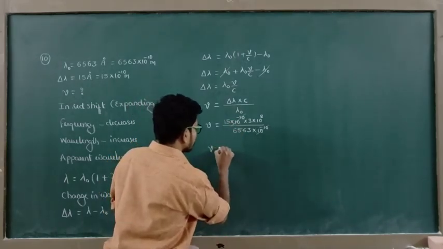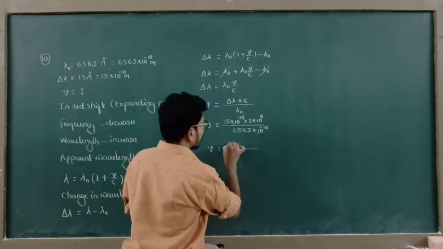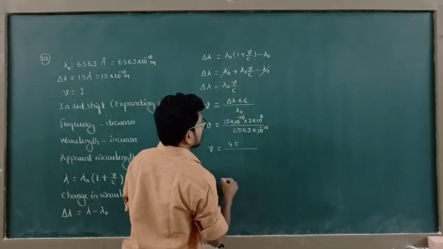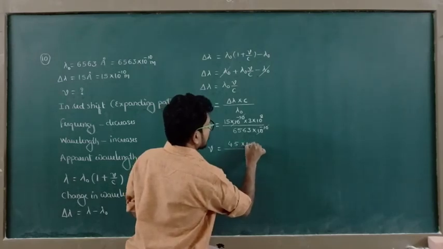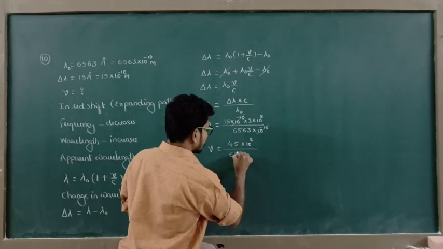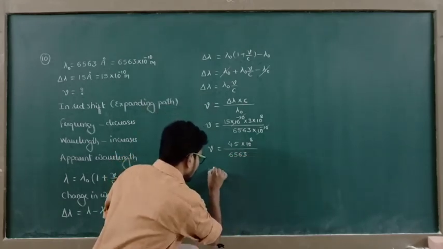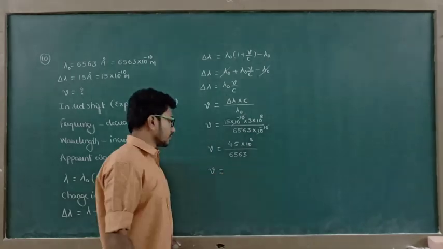Then relative velocity is equal to 45 into 10 to the power 8 divided by 6563. Then V is equal to, solve this one.